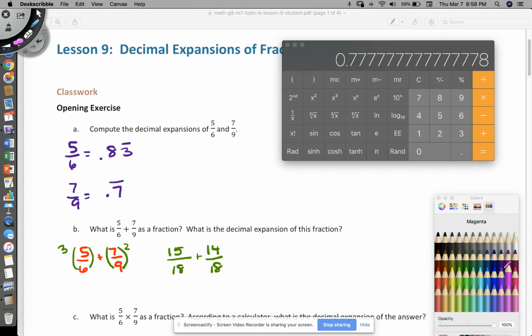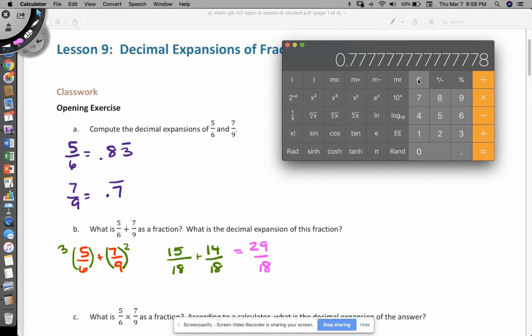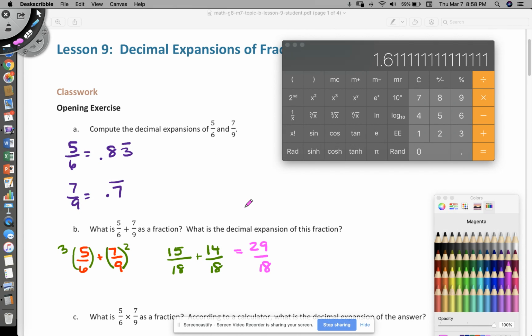Now that I have common denominators, I can add these up, and I get 29/18. So we'll take my calculator, and we're going to do 29 divided by 18, and I get 1.6, and then the 1 repeating. So we're going to say equals 1.61, and the 1 is repeating.